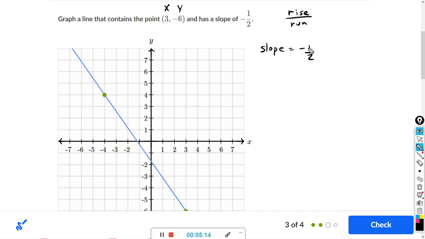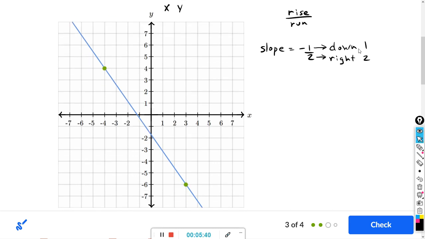So if the rise is -1, that means we go down 1. And if the run is +2, that means we go right 2.